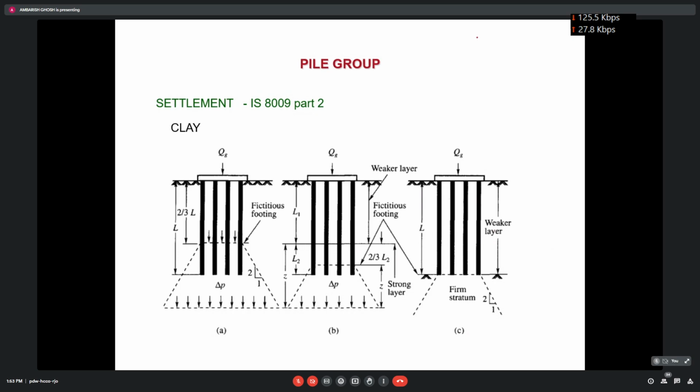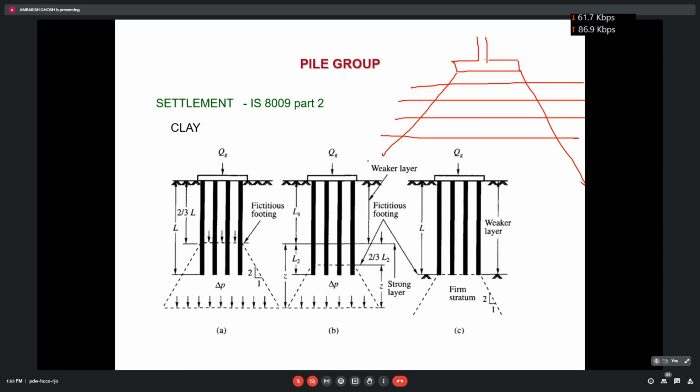What you did earlier, for a shallow footing, suppose this is a footing. What you did basically, you assumed some load dispersion and divided the soil into layers up to twice B or so. Then for each strip at the middle, you calculated the increase in pressure due to the foundation and the previous overburden pressure.